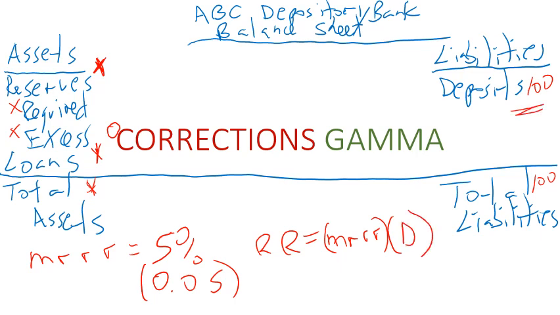Well, that's deposits. So 5% times deposits of 100 gives us required reserves of 5. And then in turn, excess reserves, 0, plus required reserves, 5, gives us total reserves of 5.